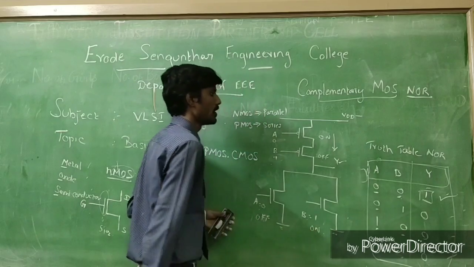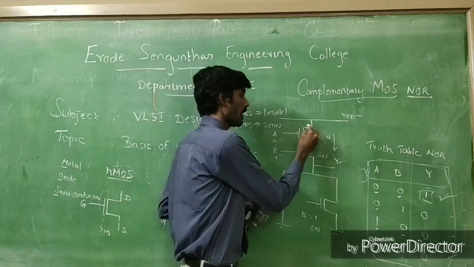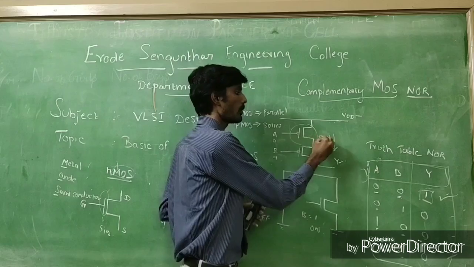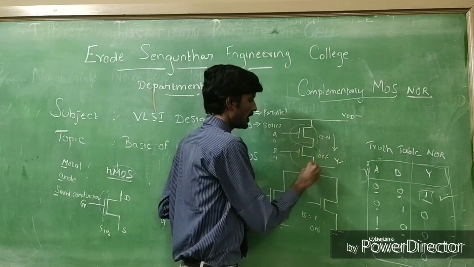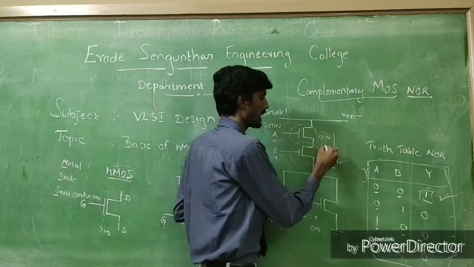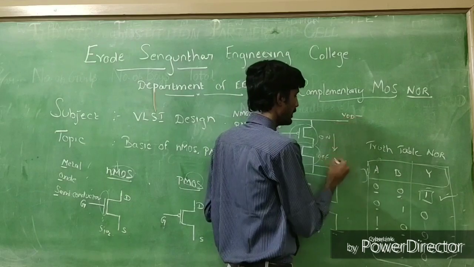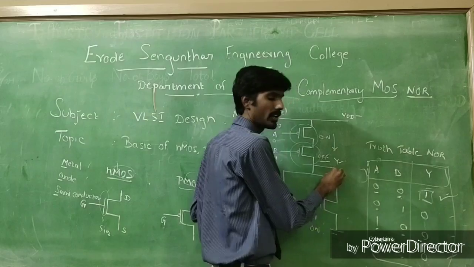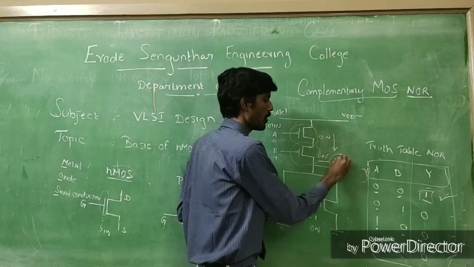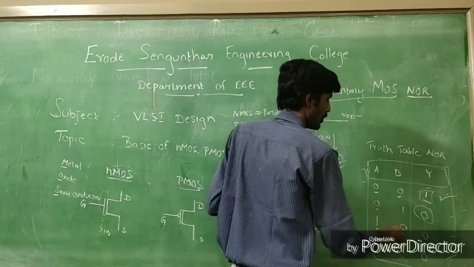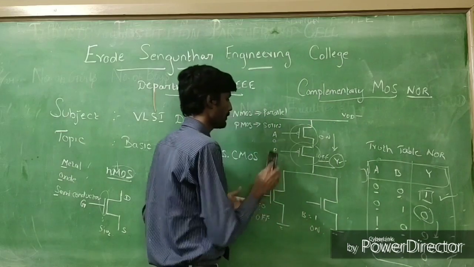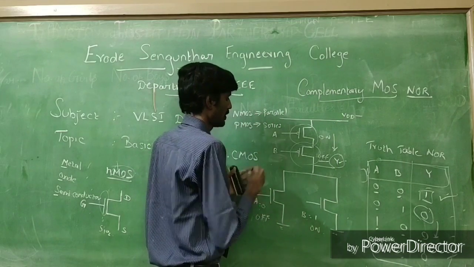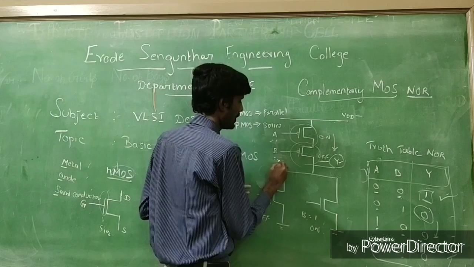Now only the A transistor alone becomes on. The B PMOS is off. So we cannot get the output VDD from Y. We cannot receive any output from the Y terminal. So it becomes 0.